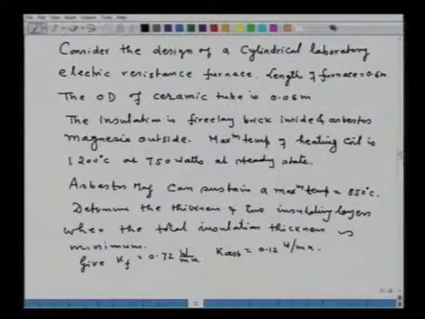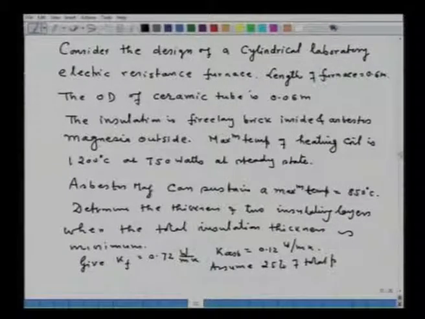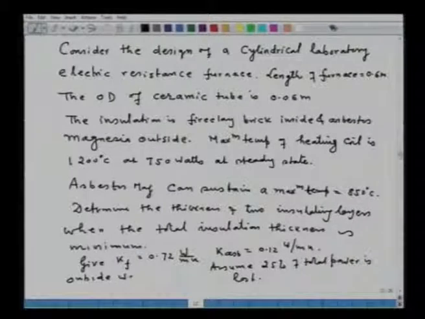Also assume 25% of total power is lost, and the outside wall temperature of the furnace is assumed at 40 degrees Celsius. So, what we have to calculate is the total thickness at which the insulation thickness is minimum.